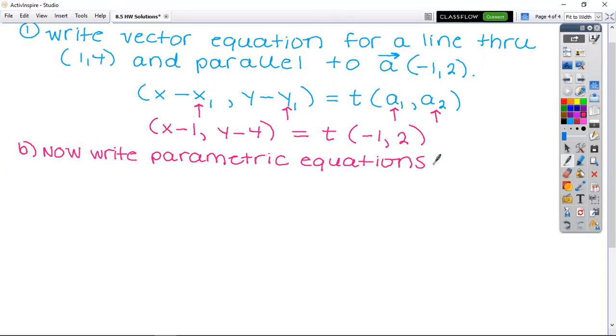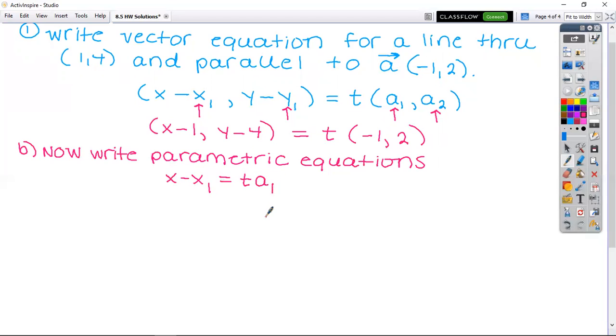So what I'm going to do is take x minus x1 and set it equal to t multiplied by a sub 1. So here's the formula per se, and then I'm going to go up to my example and draw arrows instead in case you want it like that. So I go x minus x1 is equal to t multiplied by a sub 1.